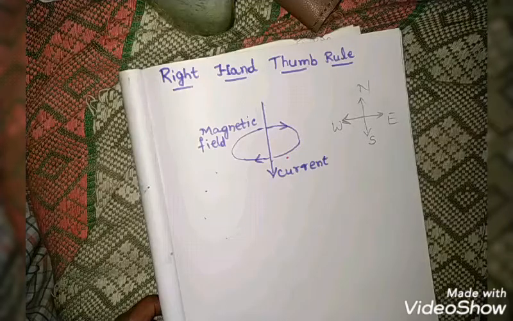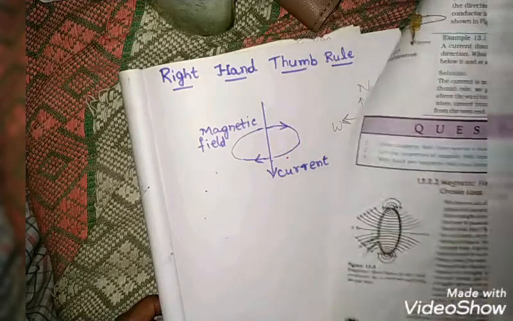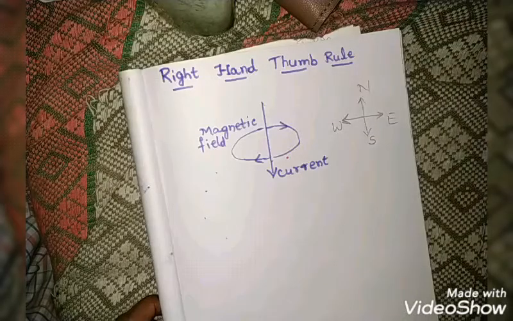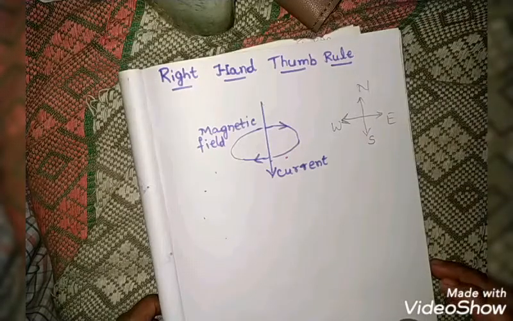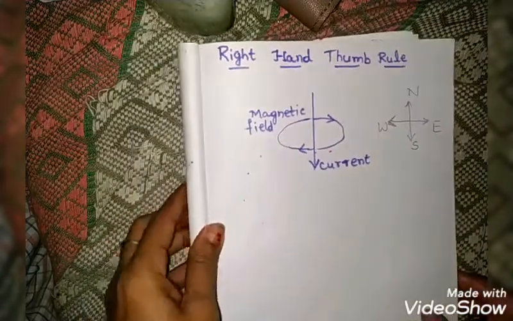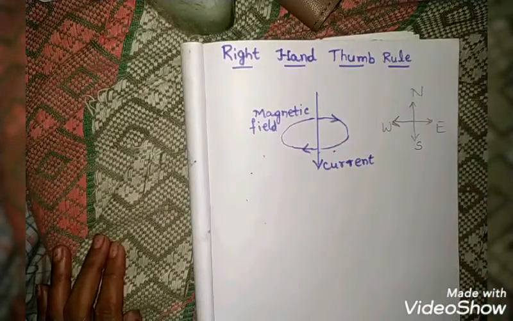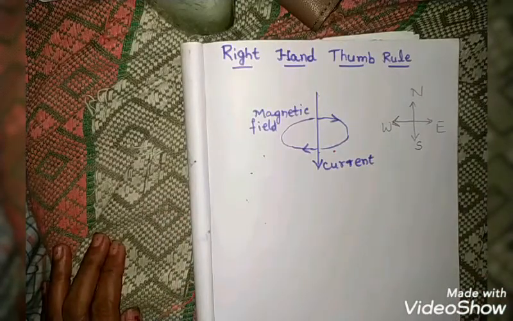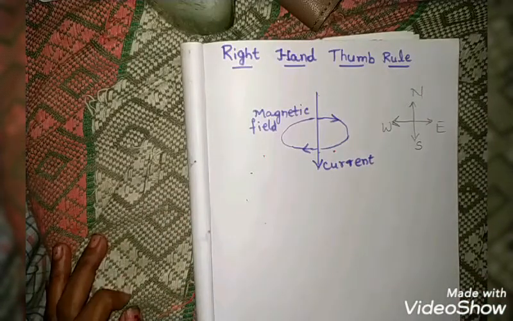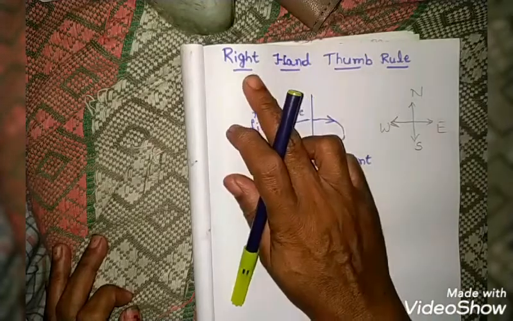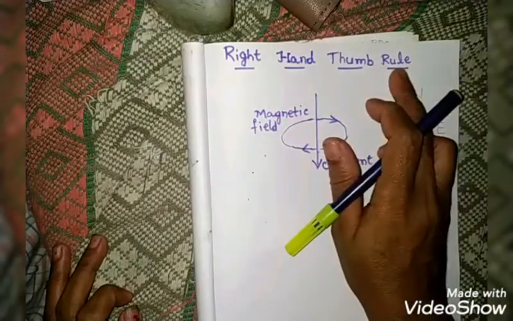Yes, there is a rule to find out the magnetic field around a current carrying conductor. How can we find out? One rule is there for that, known as the right hand thumb rule.